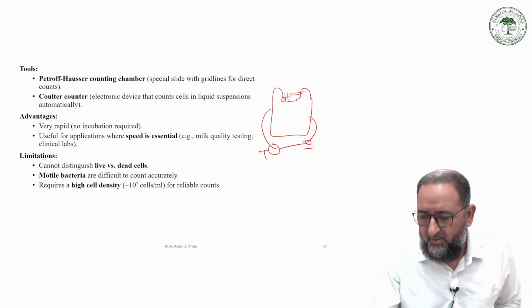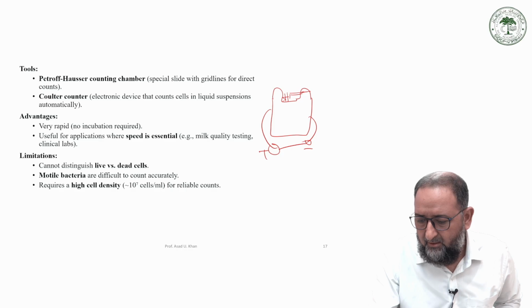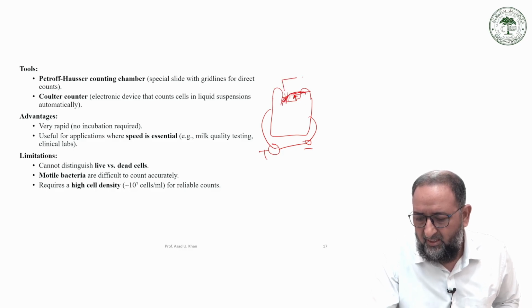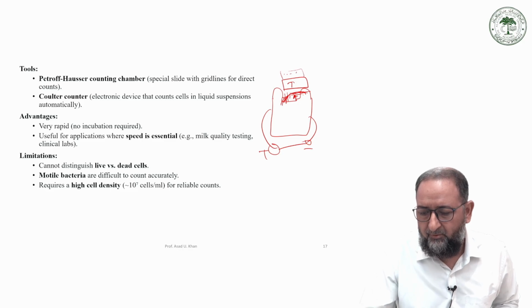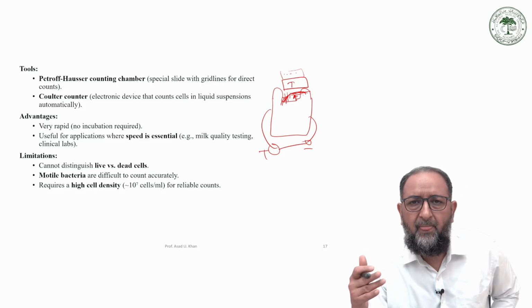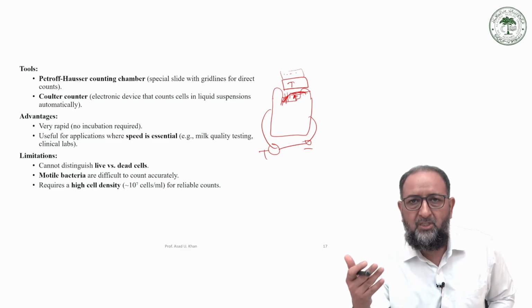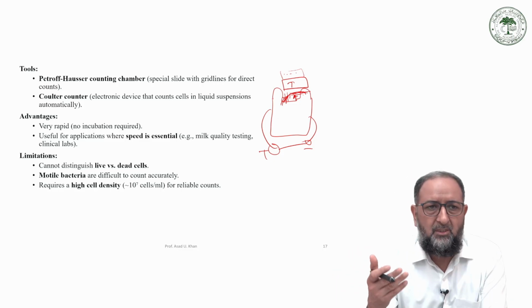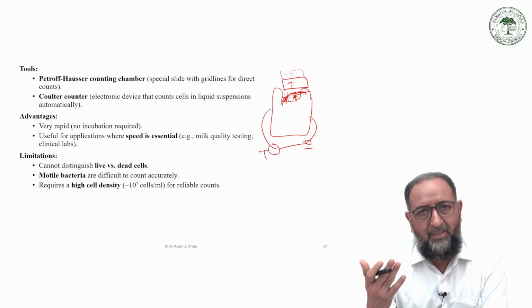Similarly, when one bacterium comes through this orifice, there is a sensor present which senses the number of cells coming out of it. Every cell which comes out will be sensed and give a deflection, counted 1, 2, 3, 4, 5, 6. So digital estimation of the cells can be done through this Coulter counter method.